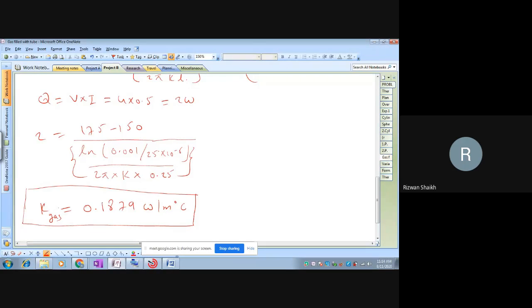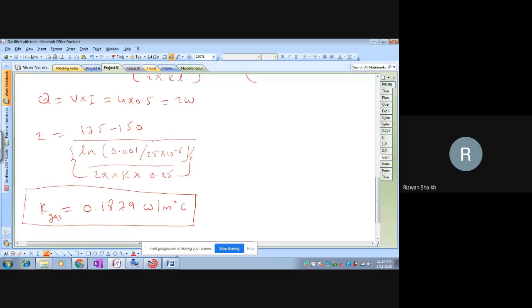If you want to compare the value of K, I had given you the range of K for pure metals, for alloys, for gases, liquids, for insulation material. For gases, it is always in the point range. So 0.1879 means that the thermal conductivity of gases is very low. So the amount of heat flow through gases will be low as molecules are far away from each other.